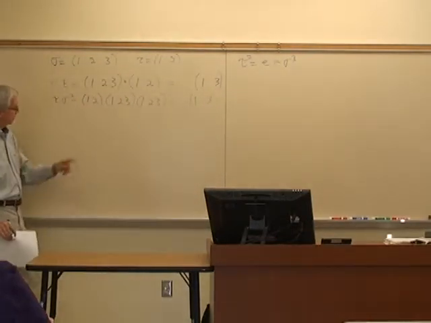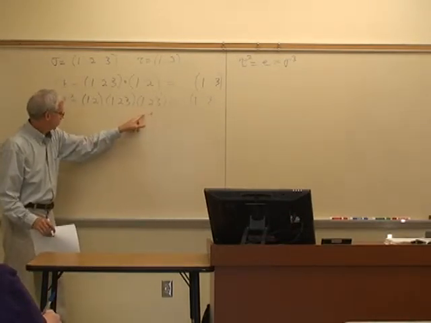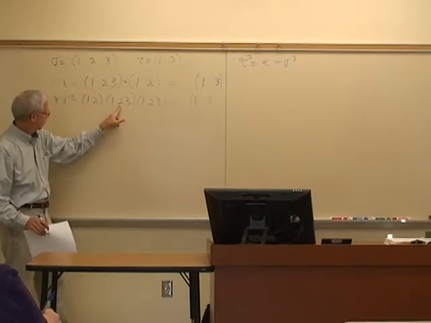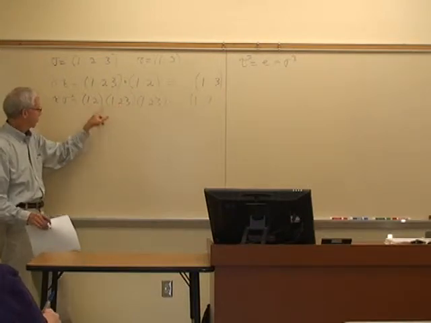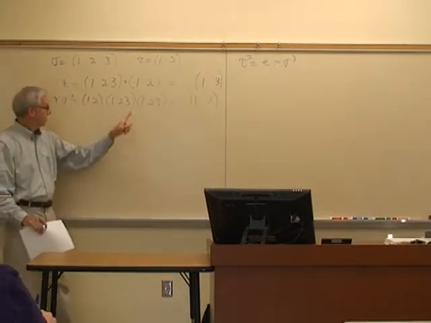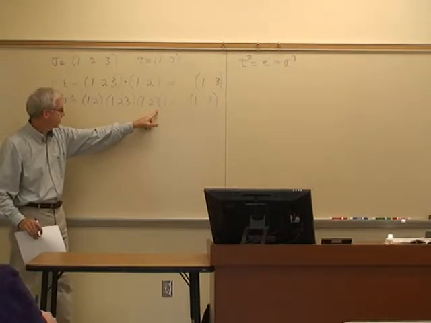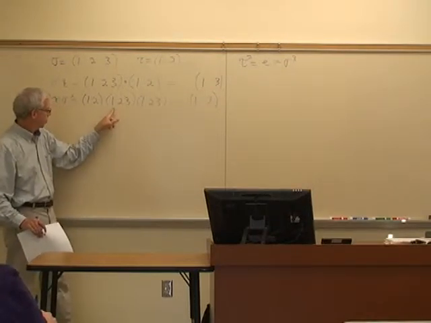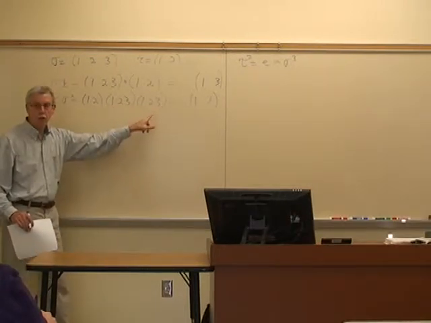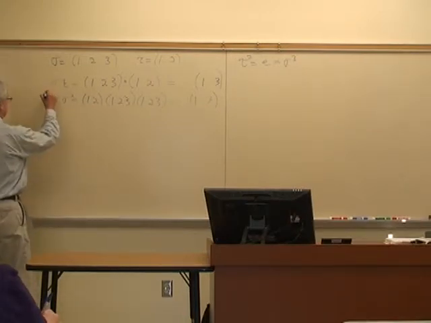Then we look at 3, so 3 gets sent to 1, but then 1 gets sent to 2, but then 2 gets sent to 1, so 3 gets sent to 1, and we close our cycle. All we have to do is figure out what happens to 2. 2 goes to 3 in the first permutation that acts, then 3 goes to 1, and then 1 goes to 2, so 2 ends up going to 2, all the way through. So those really are equal to each other, as we wished to show.